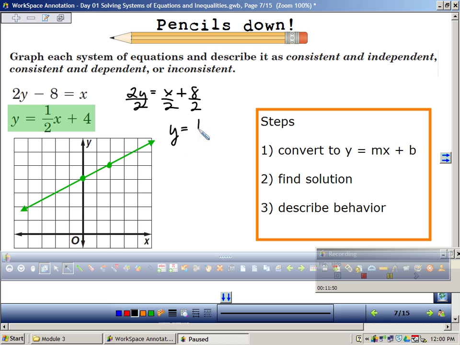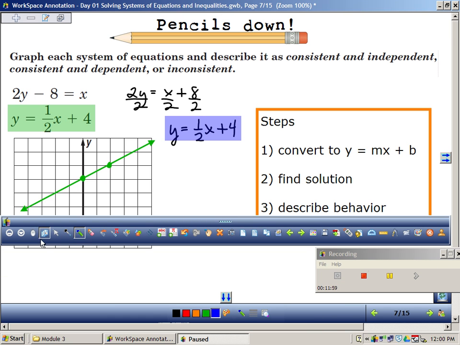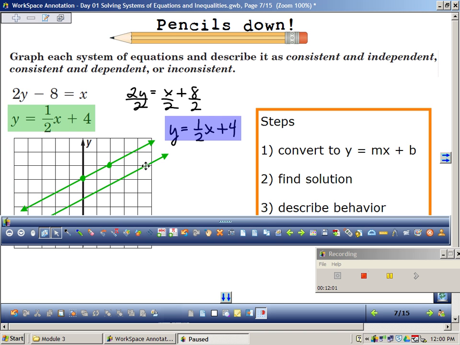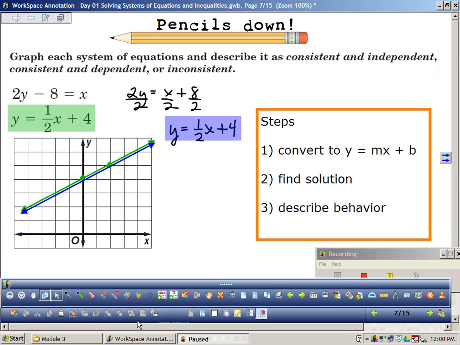And I get y equals 1/2 x plus 4. It's the same. Right? I'm just going to copy it, paste it, make it blue, and put it right on top of it. We'll put them right next to each other. How's that? They are the same line.